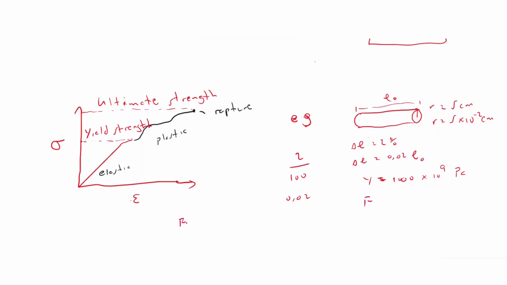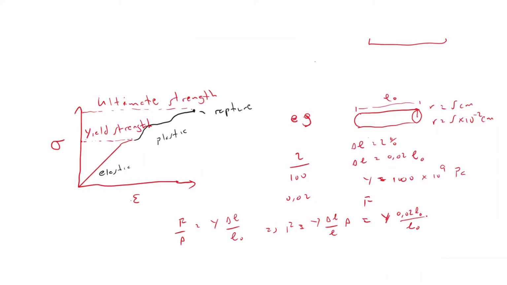So the force over the area is the Young's modulus times change in L over L0, which means the force is equal to the Young's modulus times change in L over L0, multiplied by area. This is going to be the Young's modulus times 0.02 L0 over L0, because this is the change in L.